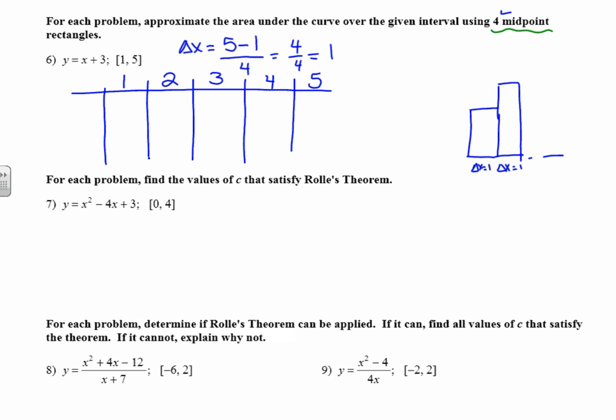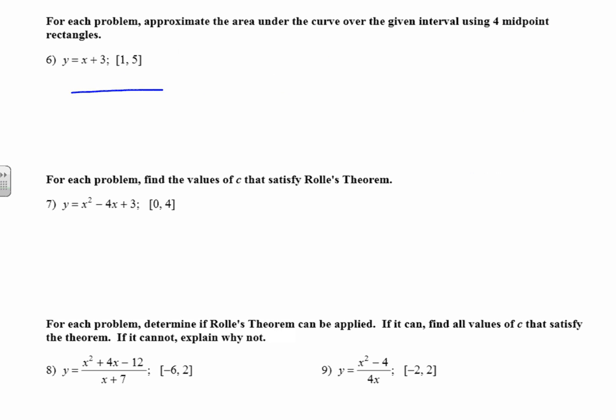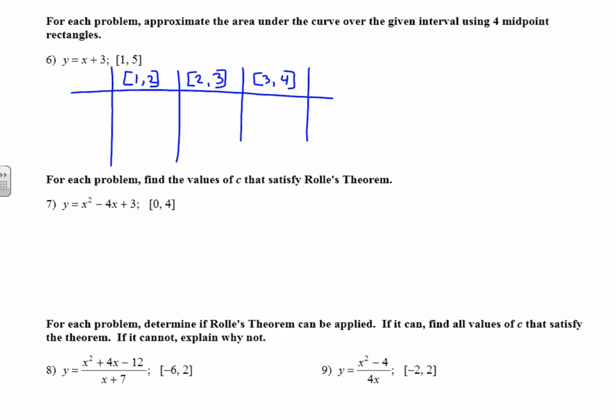Let's go with interval between 1 and 2, 2 and 3, 3 and 4, and 4 to 5. All have delta x of 1. So delta x is 1, 1, 1, and 1 widthwise.